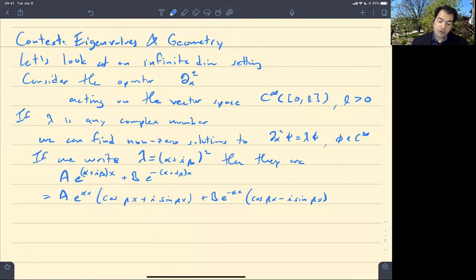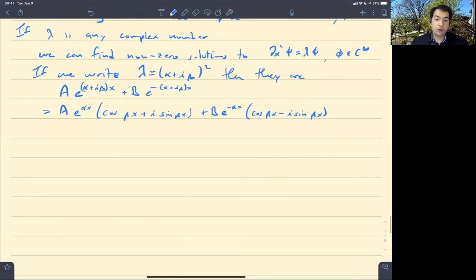Okay, but in particular, this space is too big. All lambdas, all complex numbers are eigenvalues, and there's no geometry. I don't see the length of the interval anywhere. But the problem is that we're looking at too many functions. What we want to do is restrict the class of functions by imposing some boundary conditions.